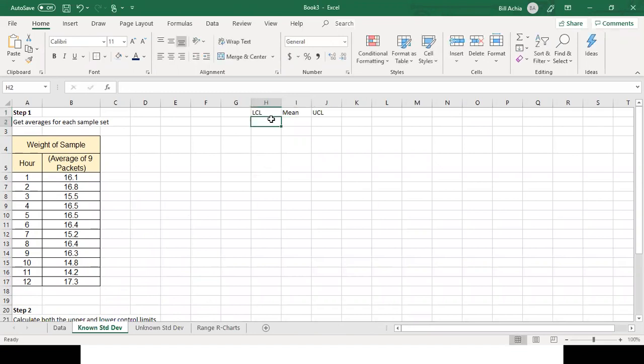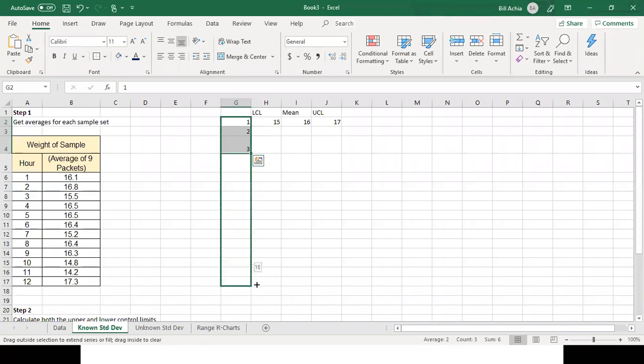Okay, and we're told that this is 15, 16, and 17. Okay, 1, 2, 3. So we had a total of 12 samples. So I'm going to add this to 12.